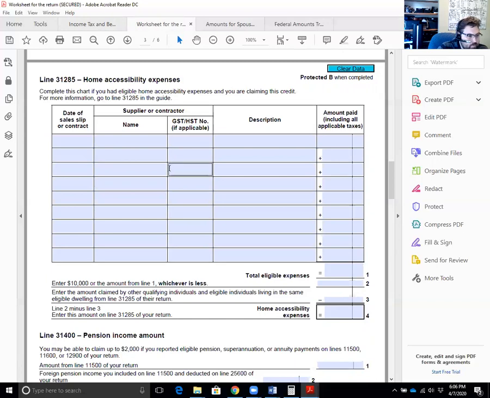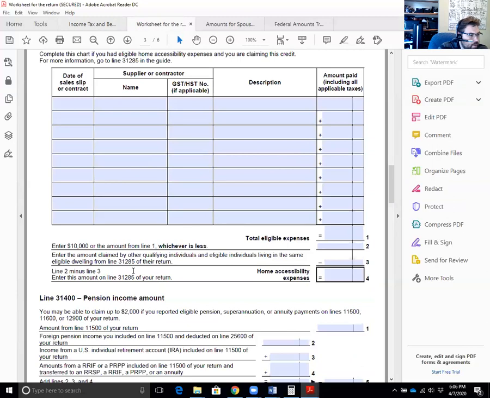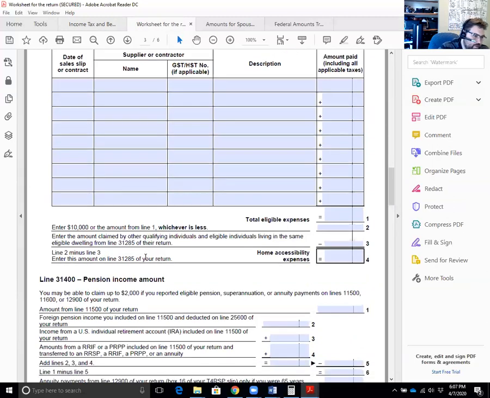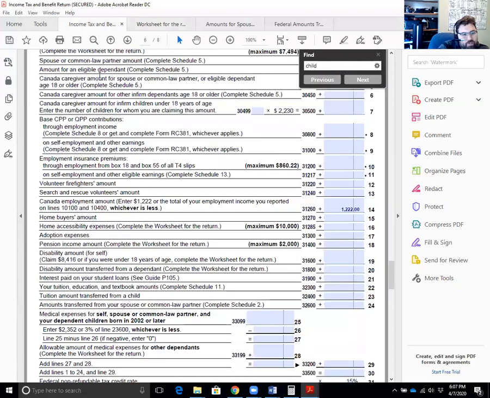So this is when there's a disability, but this is not part of our course, but I just took a look at it for your own curiosity reasons. Adoption expenses, not covered in this course. Pension income amount. Complete the worksheet for the return, maximum $2,000.